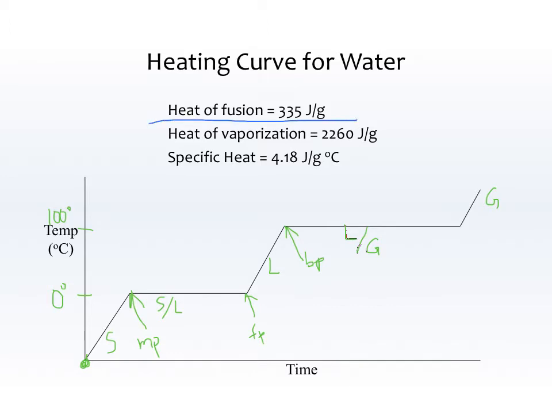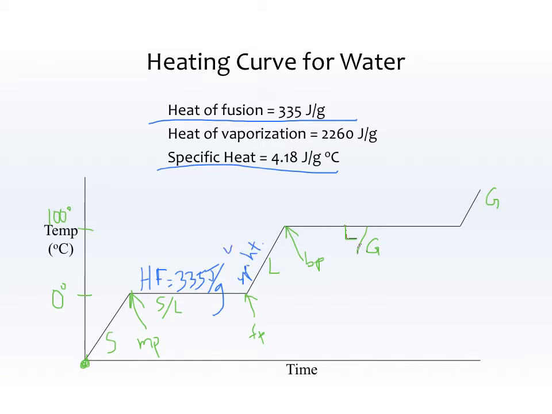Heat of fusion is energy required to melt/freeze. That's right here on this bottom flat line. This is 335 joules per gram. Then we have heat/cool. That's the specific heat, so I'll put SPHT in really bad handwriting there.